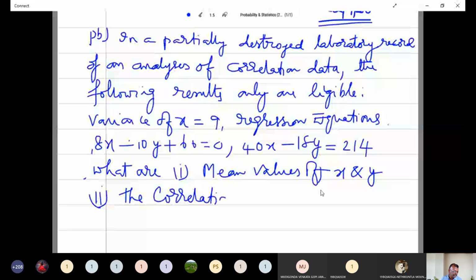And number 3, the standard deviation of y.